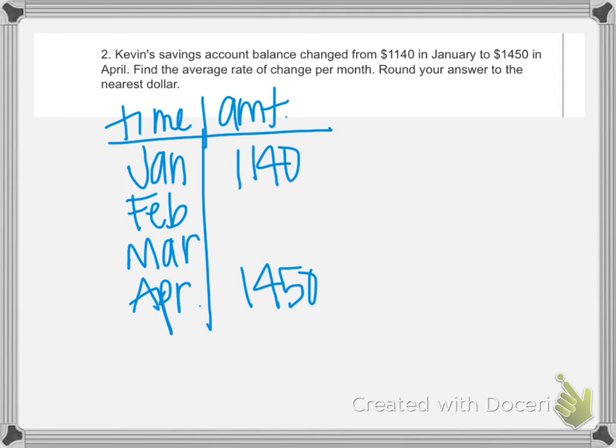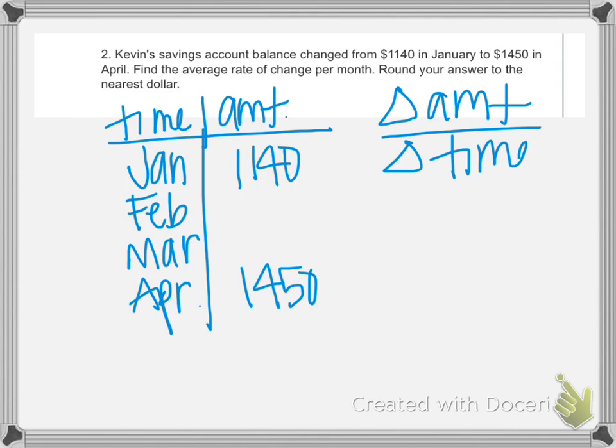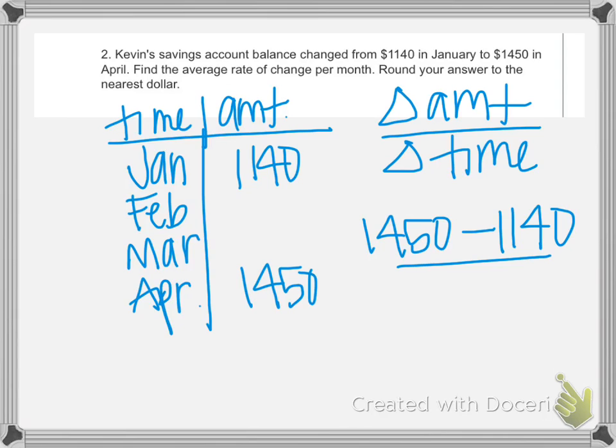Because for rate of change we talk about the change in dependent over independent, we're going to do the change in amount over the change in time. So the change in amount is $1,450 minus $1,140. And then in time, be careful here, because January, February, March, April is 4 months, but let's label January as 0, 1, 2, 3.